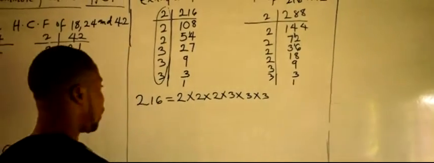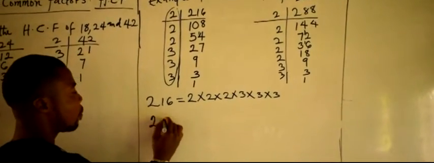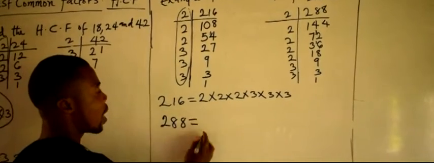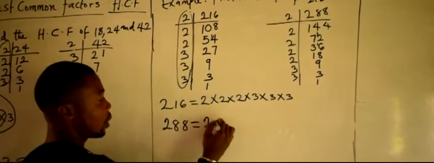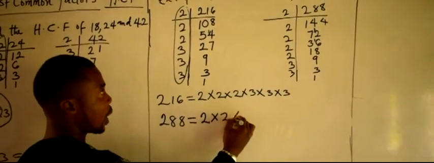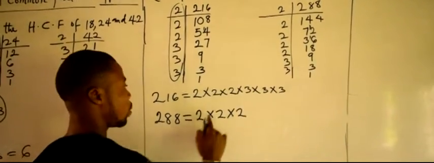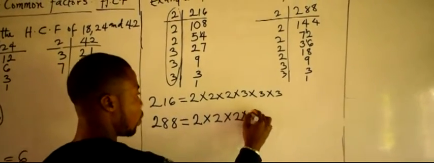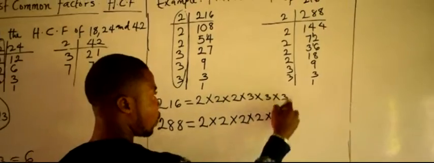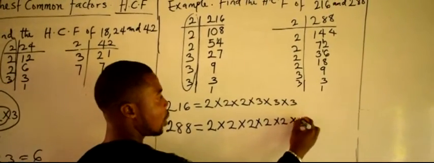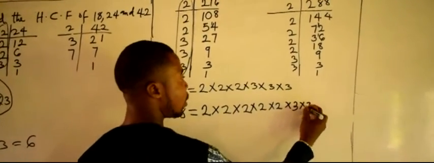So the prime factors of 288 are 2 times 2 times 2 times 2 times 2, that is five 2s, and how many 3s? That is 3 times 3.